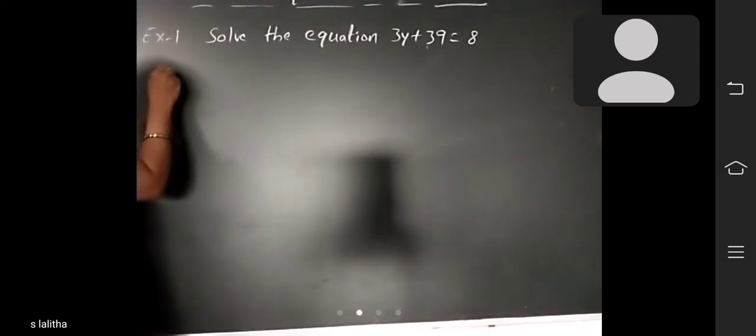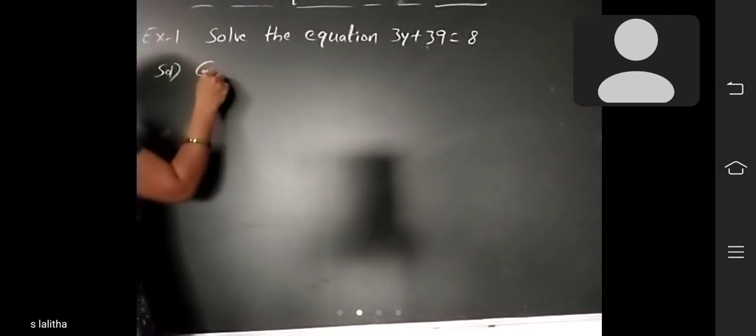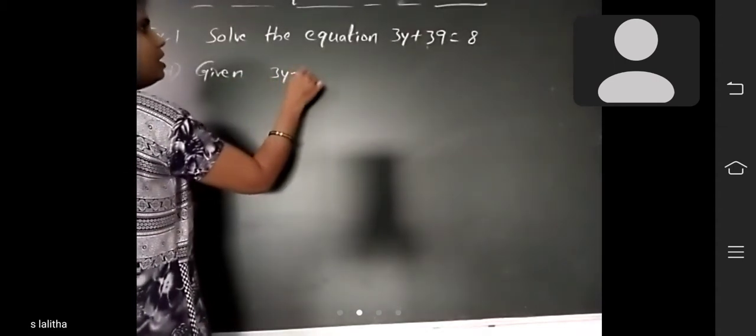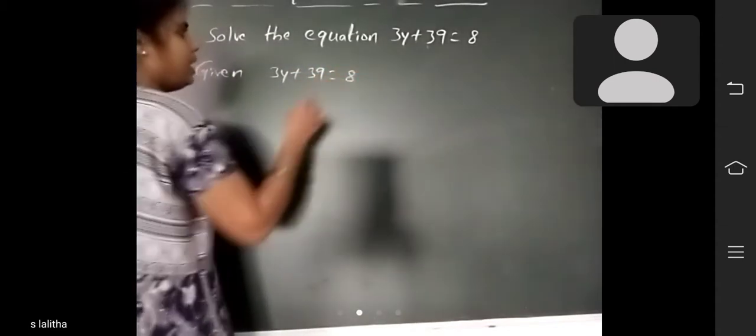So, what is the given equation? Given 3y plus 39 equal to 8.